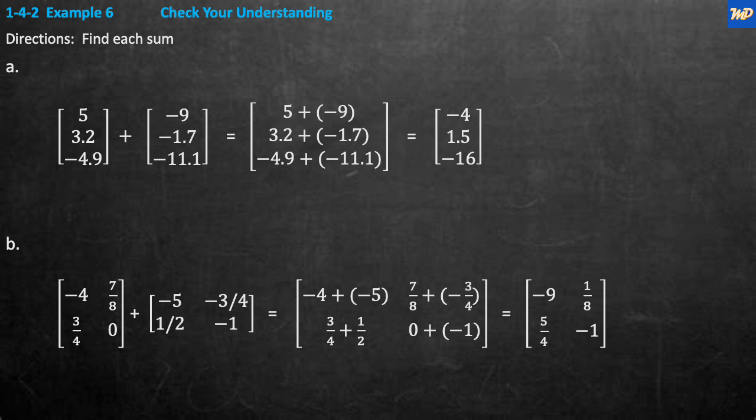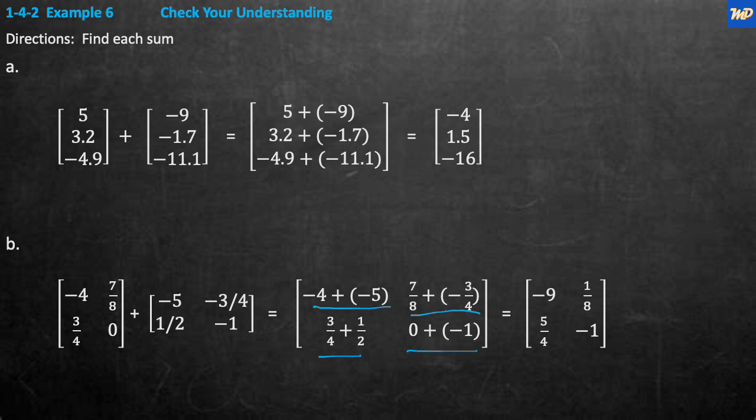And how about B? This is a 4 by 4. -4 plus -5 is right here. And then you have 7/8 minus 3/4, and then we have 3/4 plus 1/2, and then finally we have 0 plus a -1.